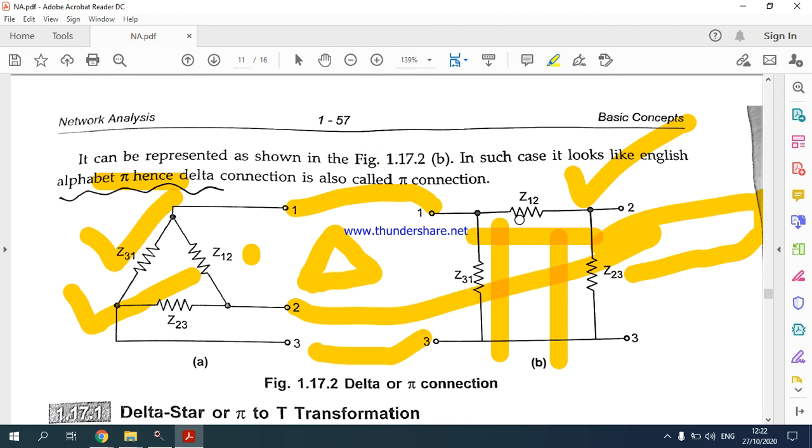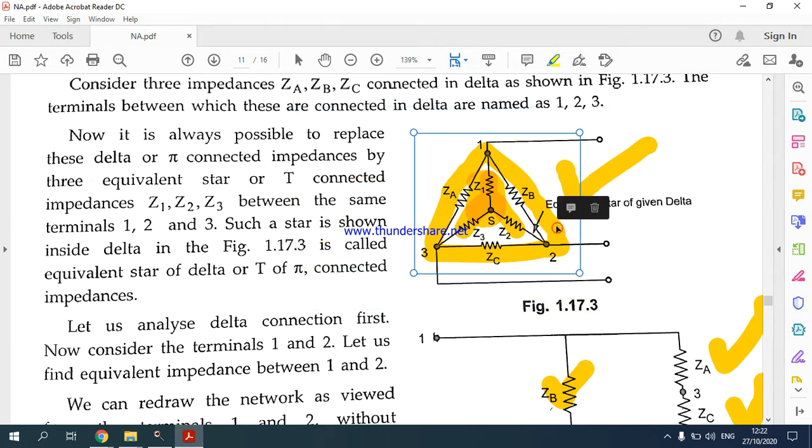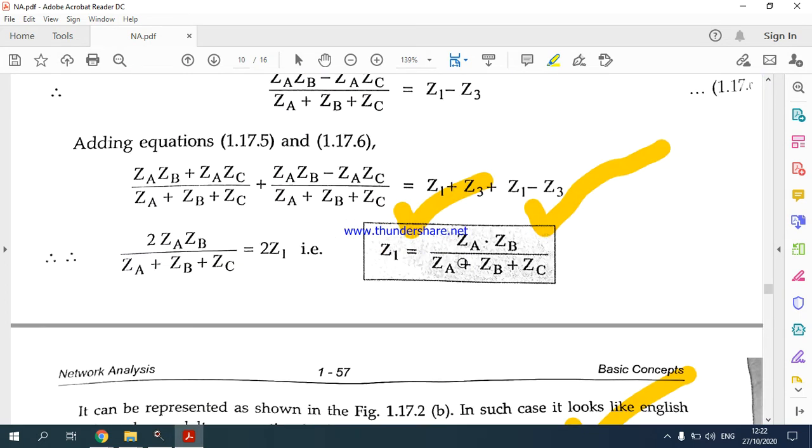Means if you want to get Z1, if you want to get this Z1 from ZA, ZB and ZC, this is the expression. What is that?